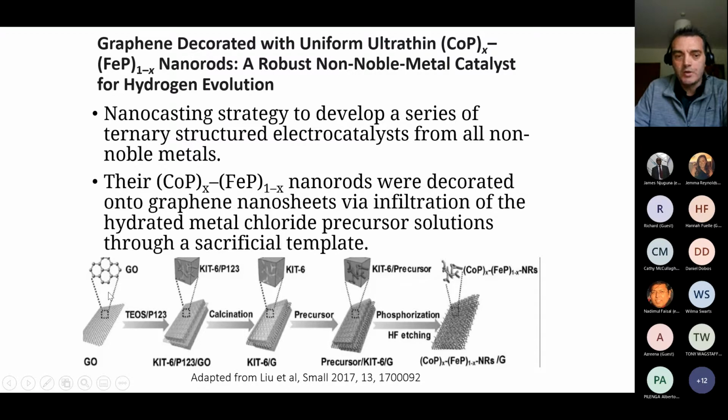They have used graphene oxide, tetraethyl orthosilicate, and different calcination, precursor, and phosphorylation steps, and hydrogen fluoride for etching to create that particular system, which, as you can see, has many active sites which work really well as an electrocatalyst.